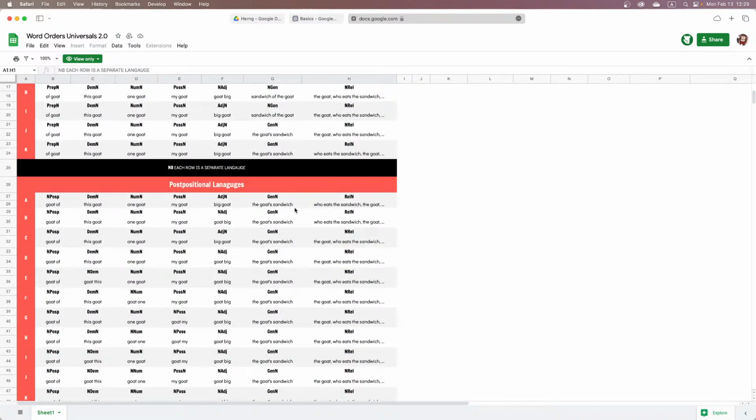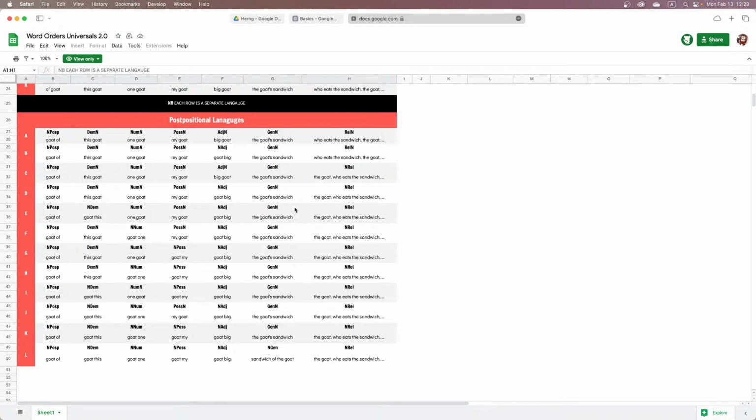So we are a postpositional language, and we have, I can't remember if the top is the most common or the bottom is the most common. Well, the bottom has everything after the noun.